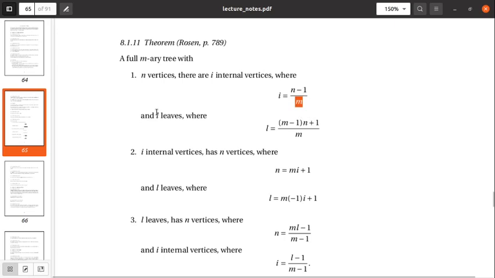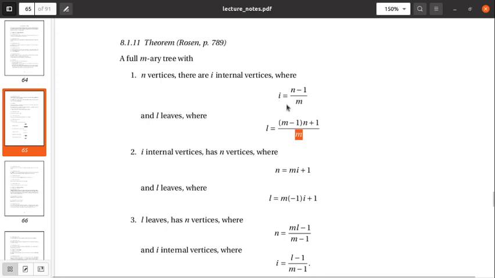Okay. And then L leaves, where L is computed by the vertices per interior node: children per interior node minus 1 times the total number of vertices, and then that plus 1 divided by children per internal vertex. Okay.